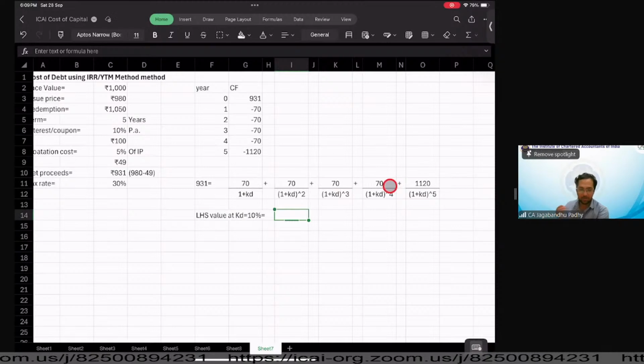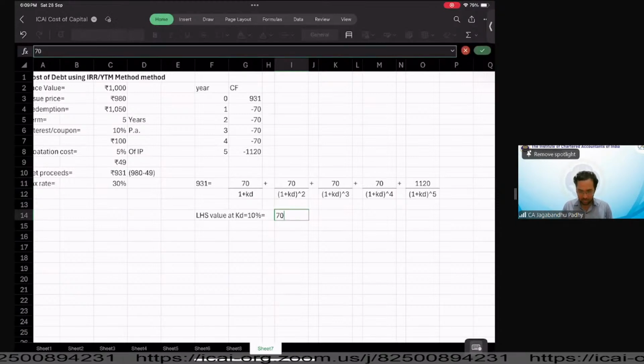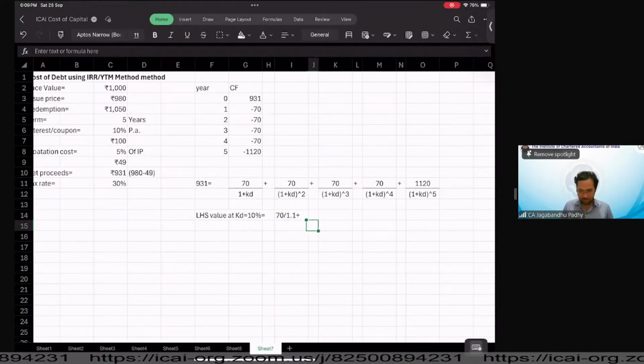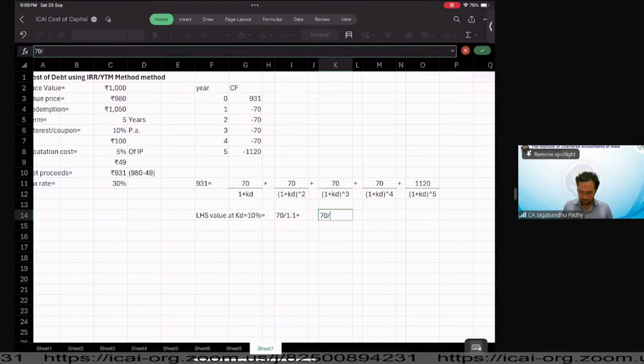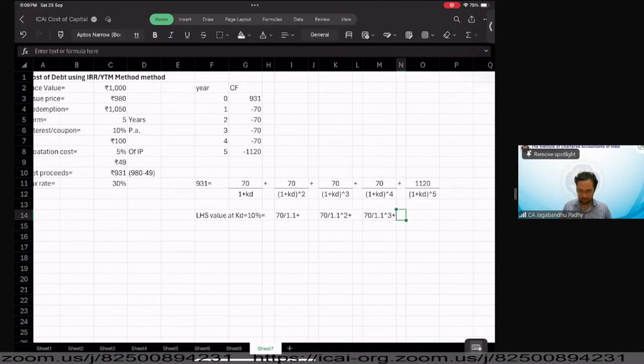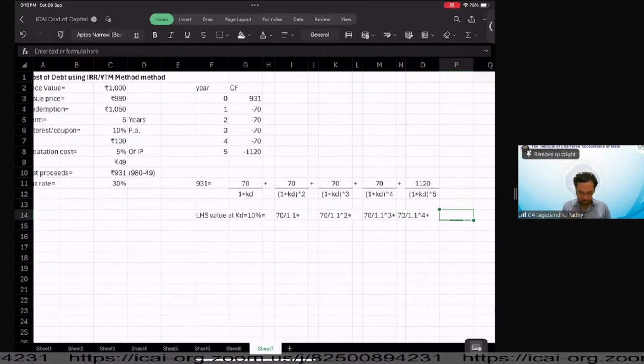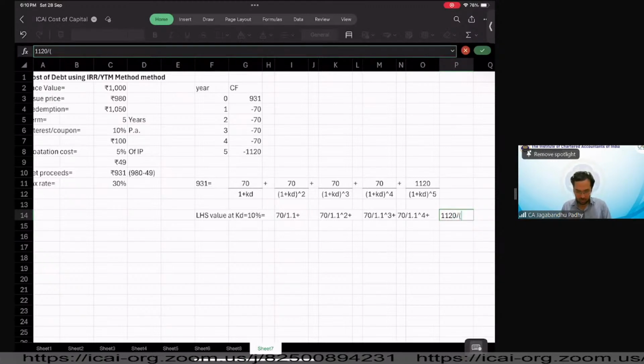This entire part, 70 upon 1 plus KD. Take KD as 10%. So this entire expression will become 70 divided by 1.1 plus 70 divided by 1.1 square plus 70 divided by 1.1 cube plus 70 divided by 1.1 raised to 4, then plus 1120 divided by 1.1 to the power of 5.